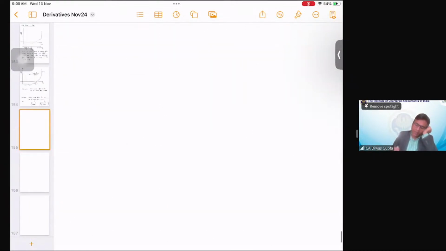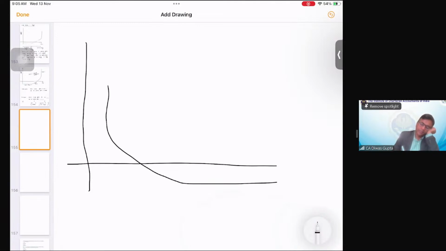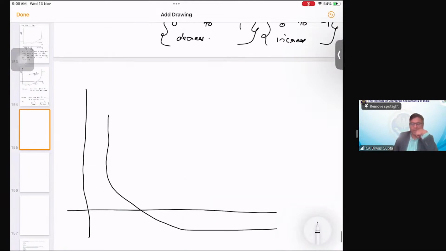If I draw a payoff chart of a put option, the same thing will come over there as well, right? Like this it was, na? Correct? Remember the payoff chart? Payoff, this is price and this is for put option holder.